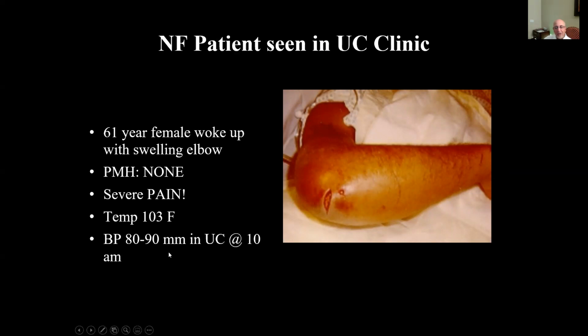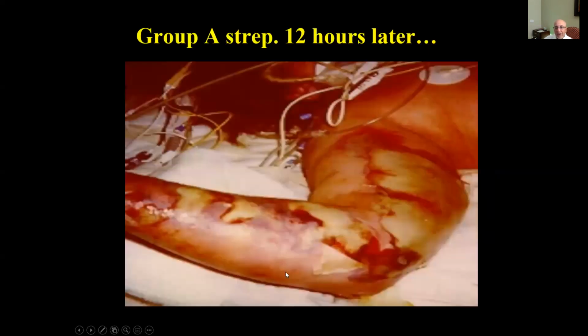However, she is hypotensive, and she is given IV fluids and antibiotics and transferred immediately to the intensive care unit. 12 hours later, the patient is in profound shock, ARDS, and has extensive damage to her extremity, which has spread further up her arm and down her arm, which requires an amputation or disarticulation at the shoulder.